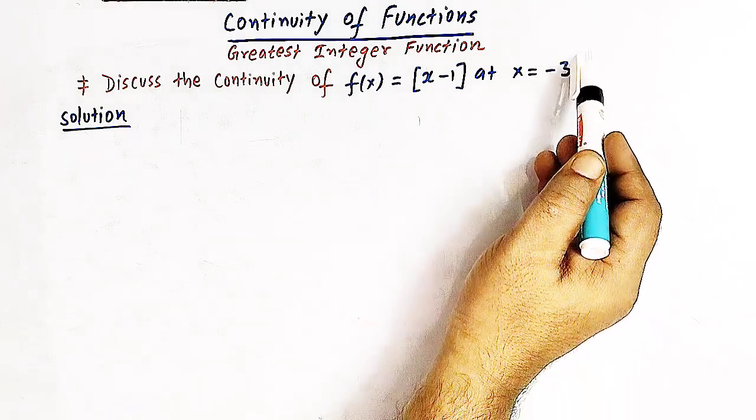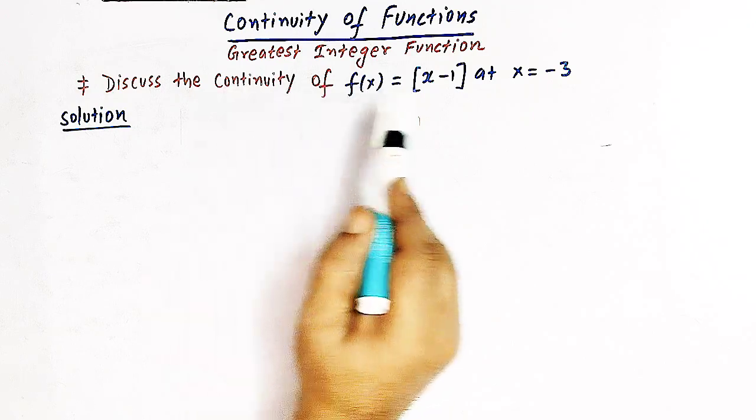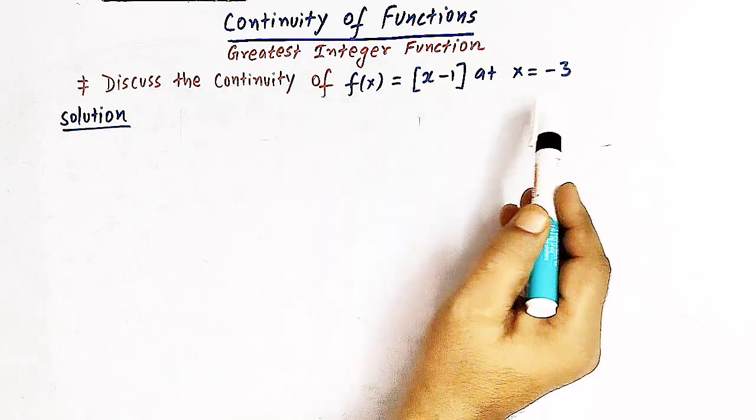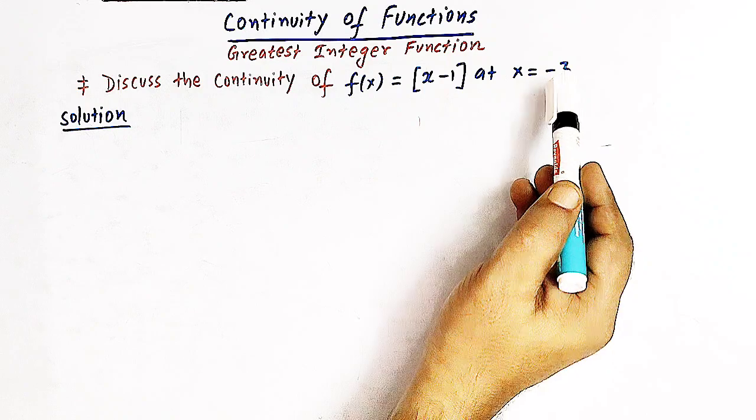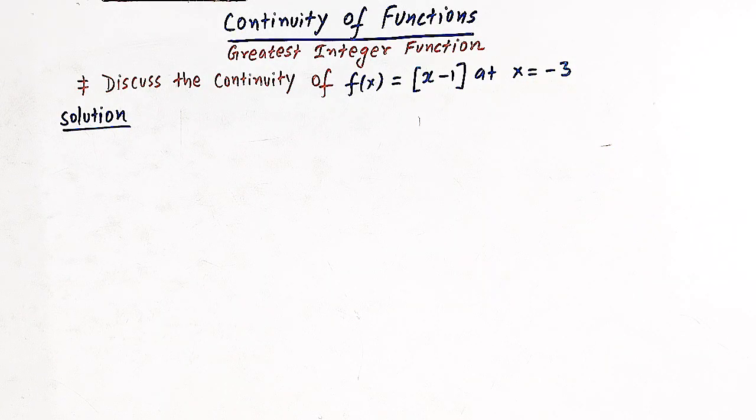We have to discuss the continuity of this greatest integer function at this integral point, that is, minus 3 is an integer.